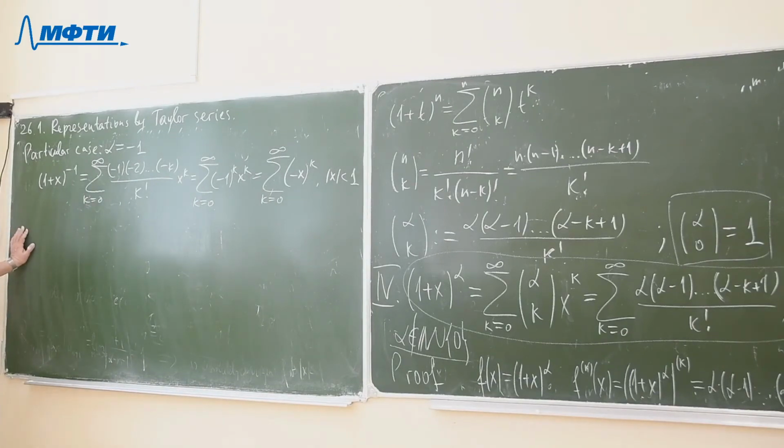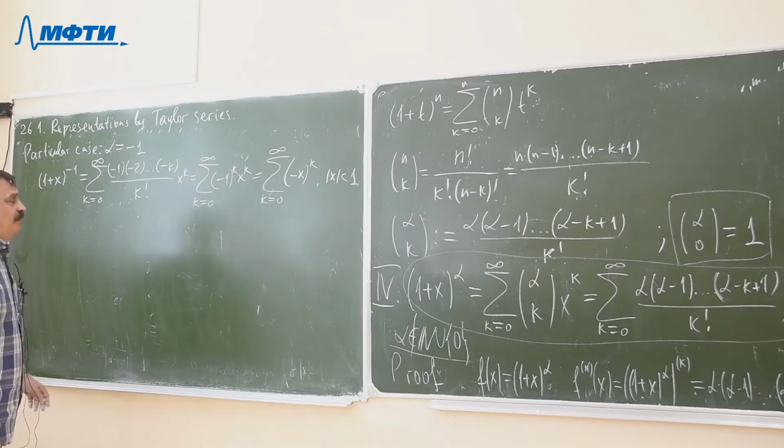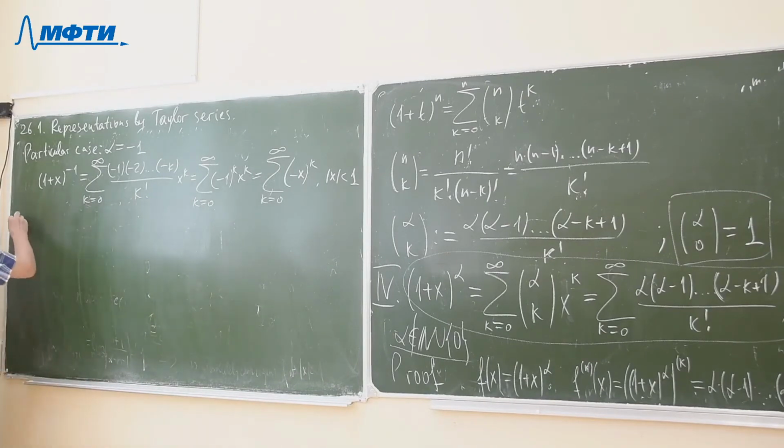Okay. So we knew this particular case, but now what is a consequence of this particular case? That is the fifth of the main expansions. There are 5 main expansions: exponent, sine, cosine, binomial, and logarithmic. So let me, okay, I forget which I used, ln or log, which notation I used for natural logarithms.